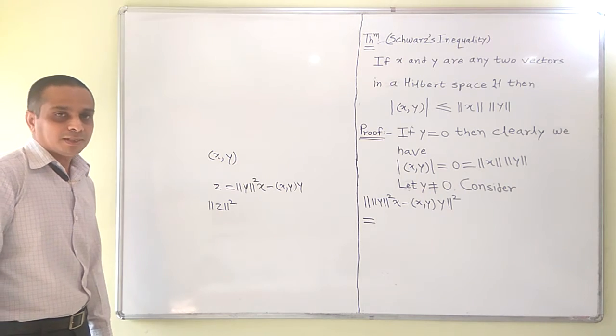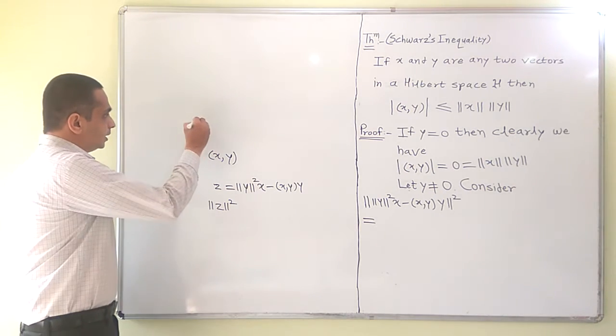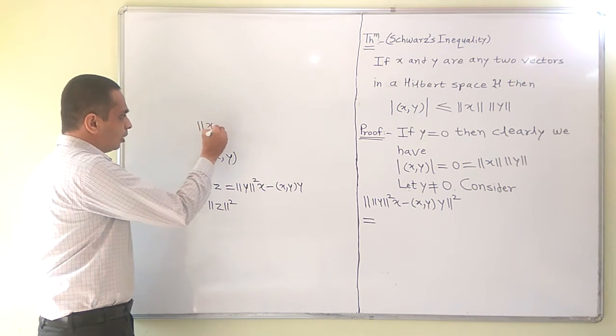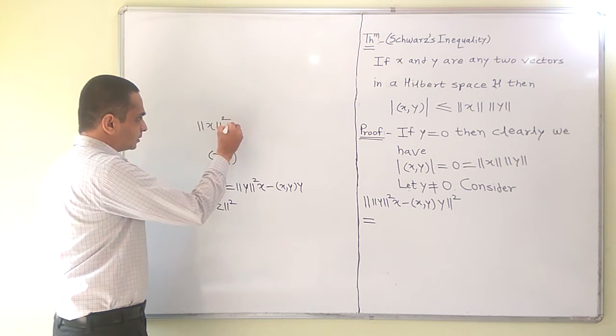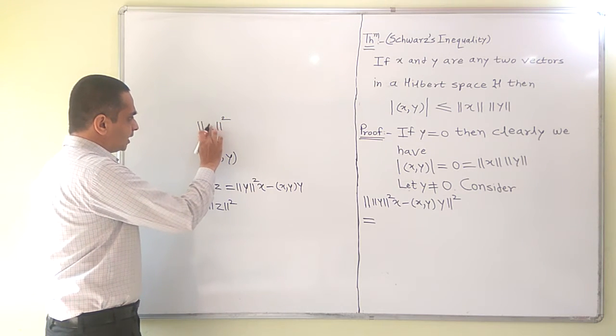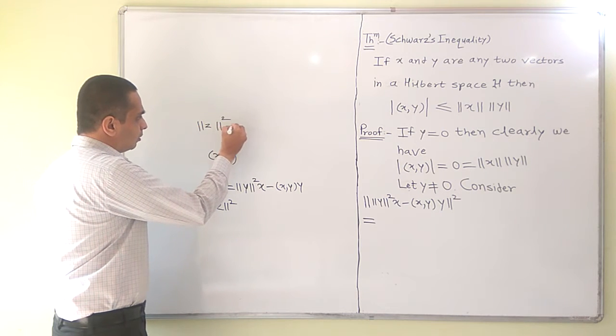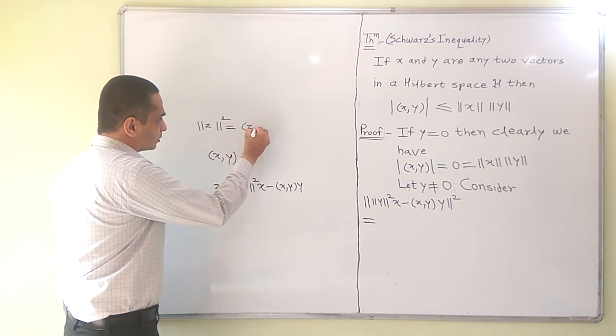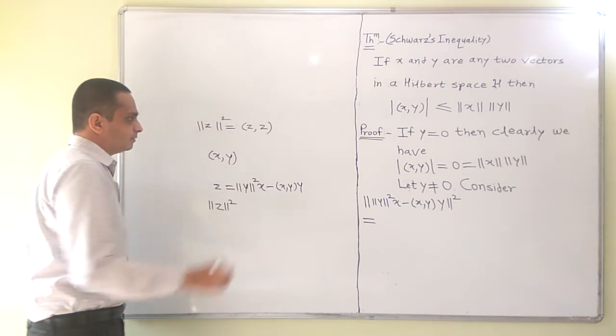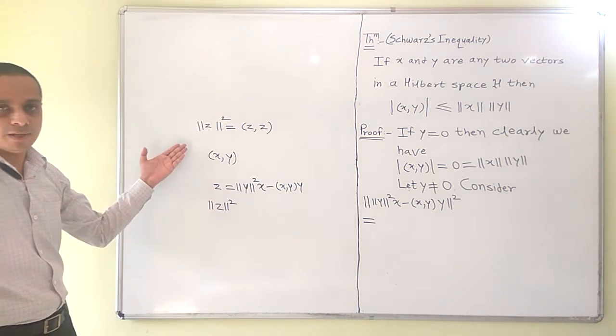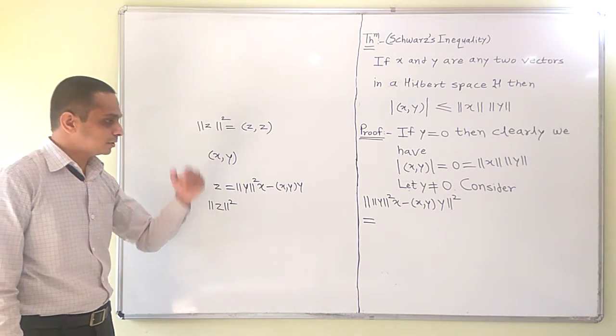So let us simplify this. Recall the definition of norm in terms of inner product. So norm of z square is always equal to inner product of z with itself. In fact, this is how we define norm using inner product.